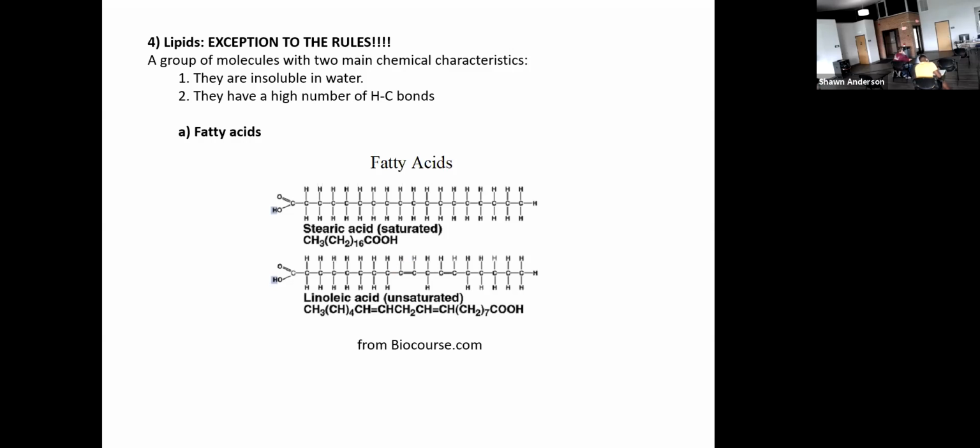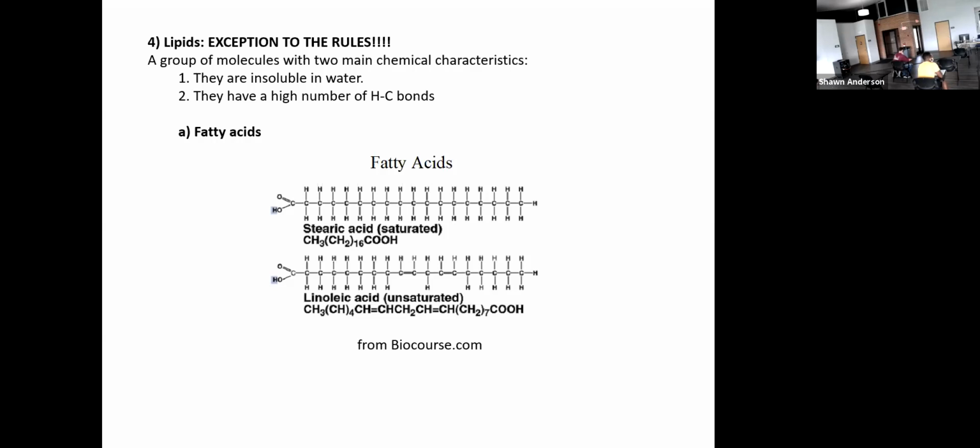And then we've got this little, okay, what's this functional group on the end here? Anyone out there? What's this functional group? It's a carboxyl. That's why it's called a fatty acid, because at some point this little hydrogen can come off.